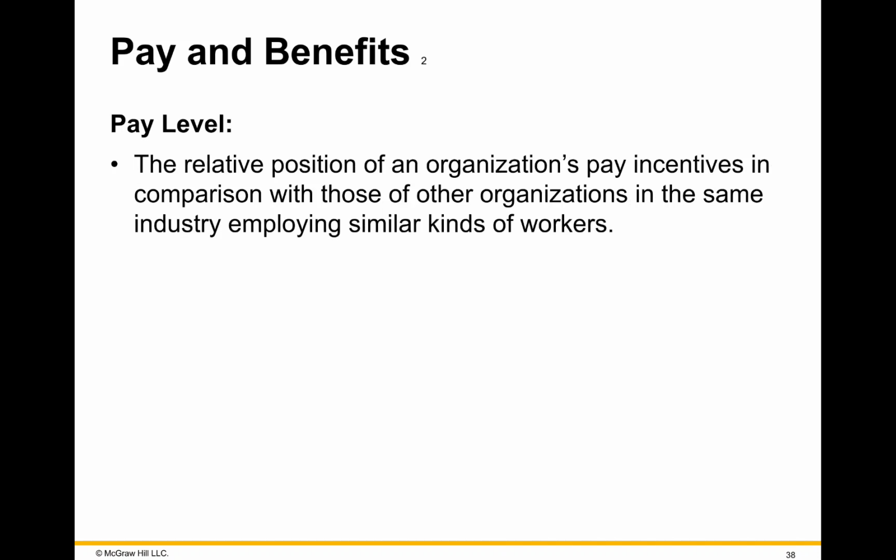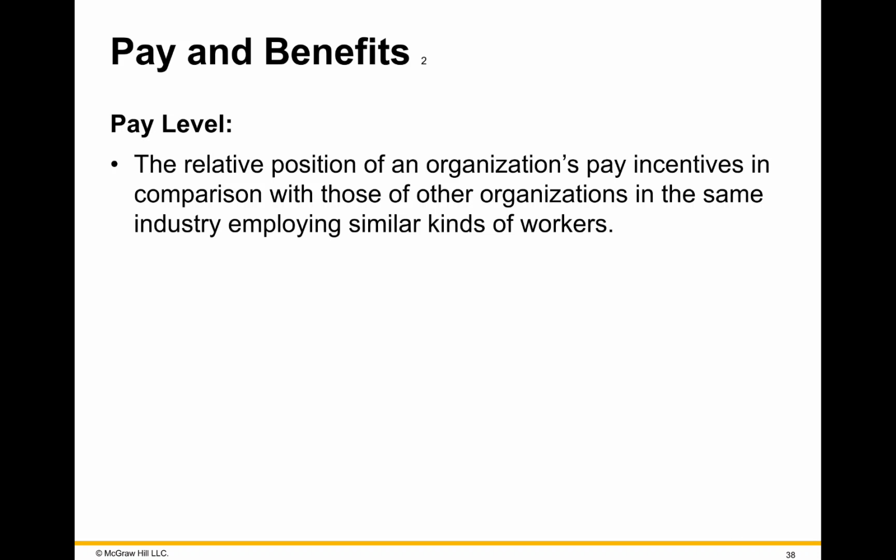Pay levels, we say, are broad, based on the organization and the job. Different industries might have different pay levels. If a company pays low wages, the company can have lower cost.